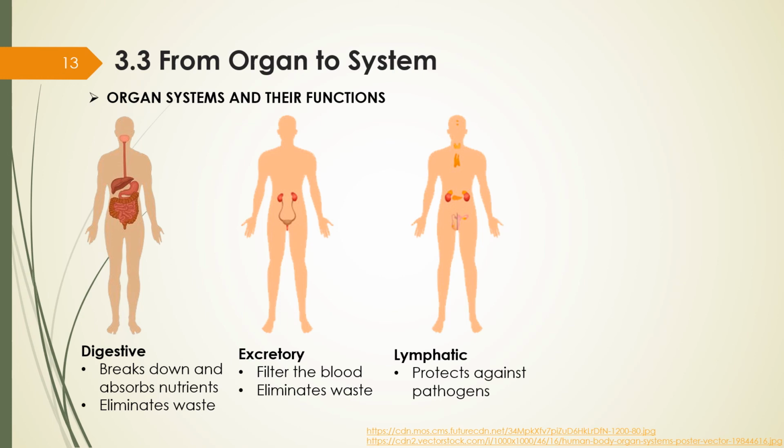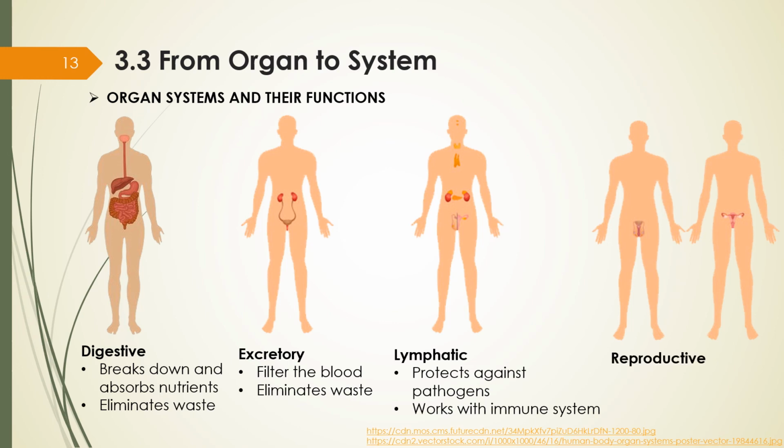The lymphatic system is the organs that protect you against pathogens. You have specific organs inside the lymphatic system that produce, for example, white blood cells that protect your body and work together with your immune system. Okay, I'm not going to focus on this now, we're going to study this later. And finally, the reproductive system has the function of reproduction, of sexual reproduction.